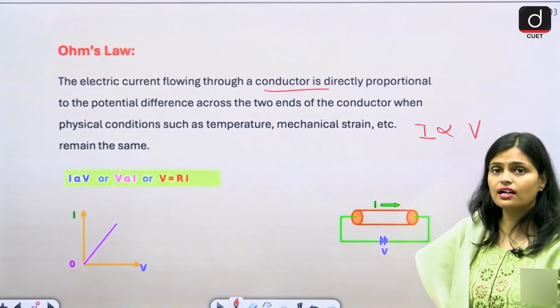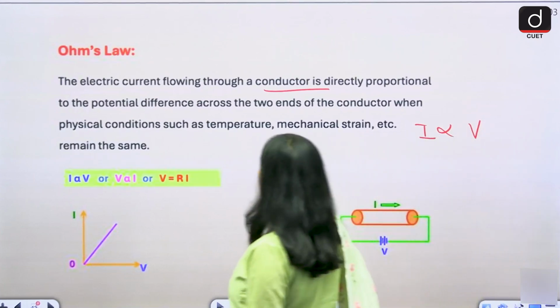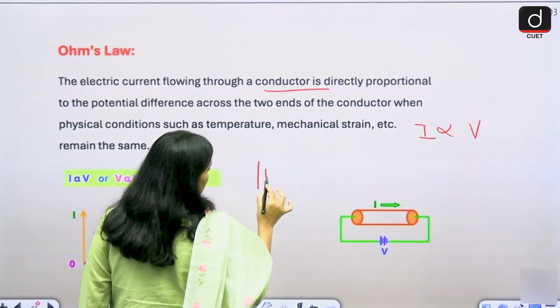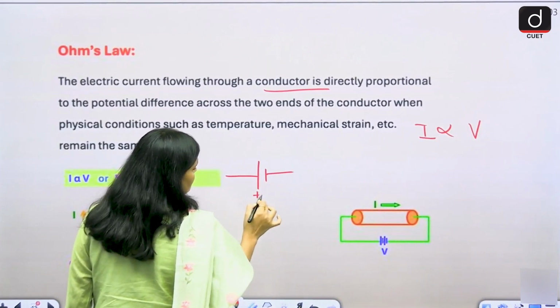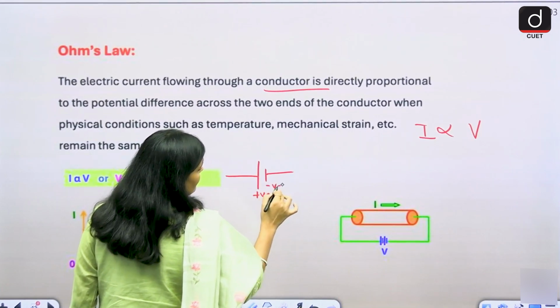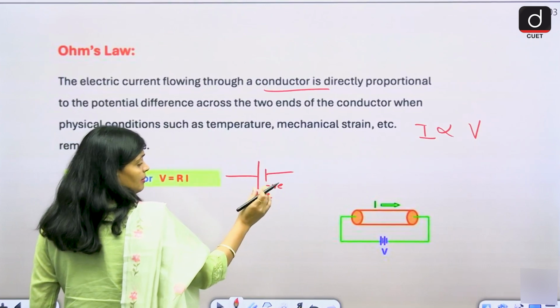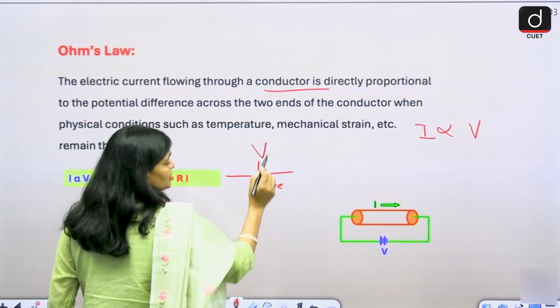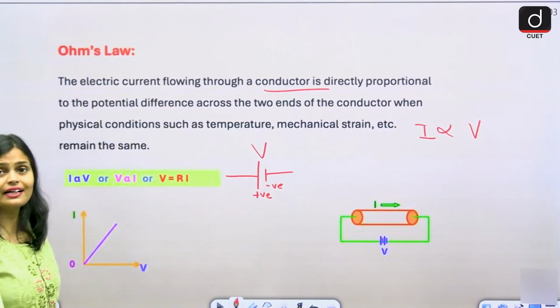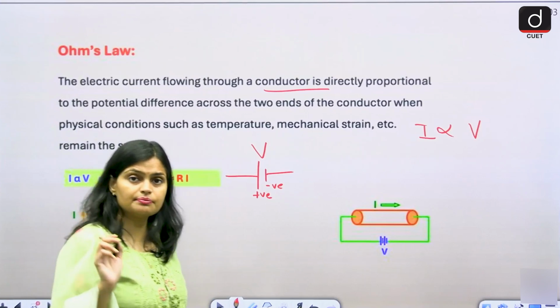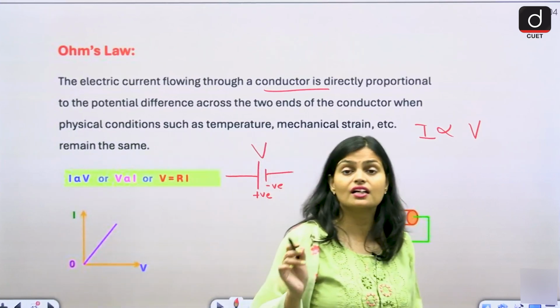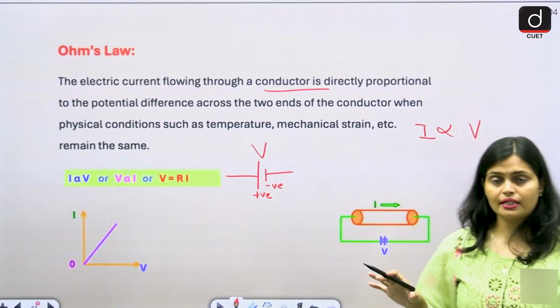What is potential difference? Suppose you have two terminals, this is the positive terminal and this is the negative terminal. So this is higher potential and this is lower potential. In between these you get a potential difference, and it is represented by capital V.